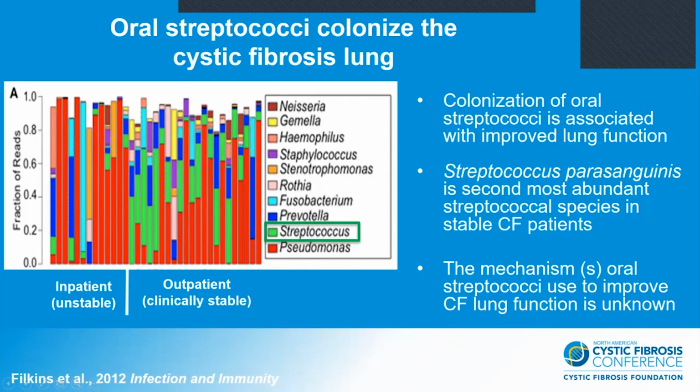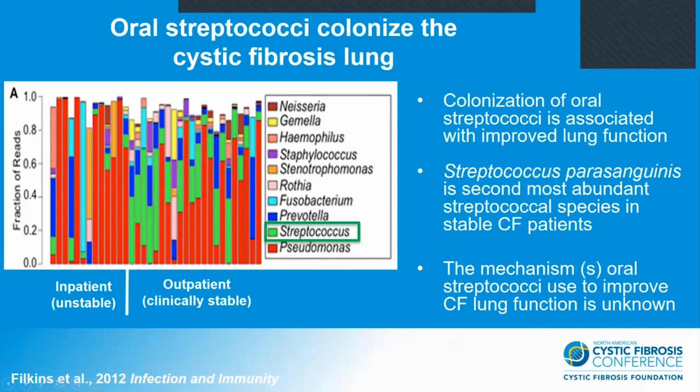As you see in the red, which is Pseudomonas, Pseudomonas is dominant in a lot of the patients. However, Streptococcus was prevalent in the outpatient clinically stable patients, as you can see in the green.